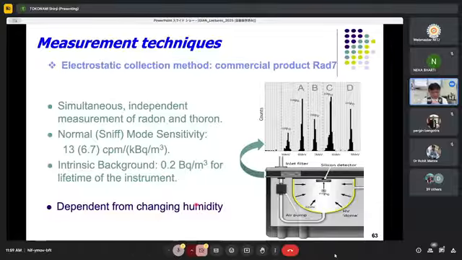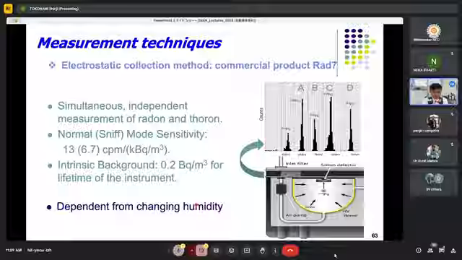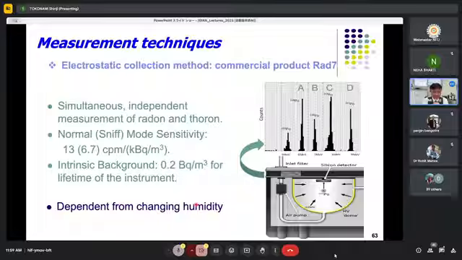This is the drawback of this technique, because positively charged radon progeny are neutralized by vapor, water in air. That's why if you use the Radon-7 in a humid environment, you get a lower sensitivity. Therefore, we use a drying agent, a desiccant.